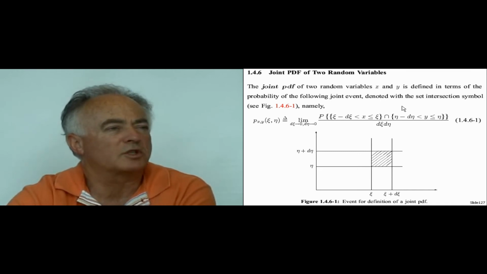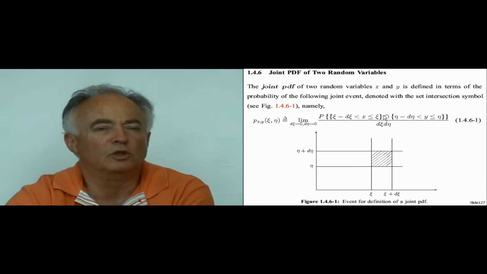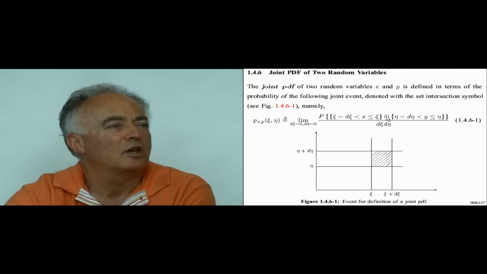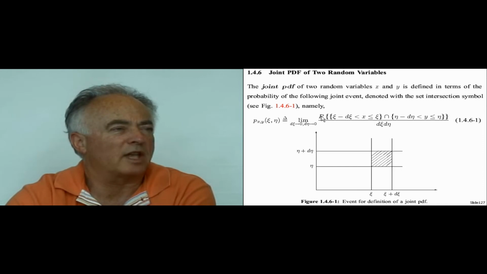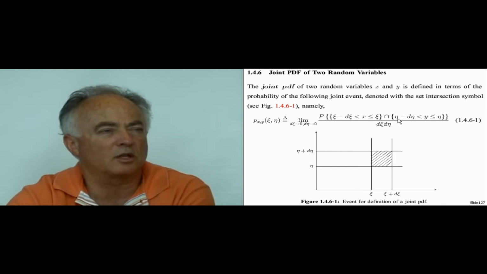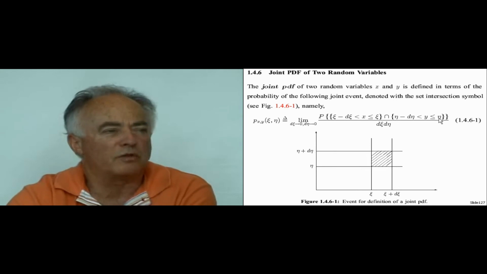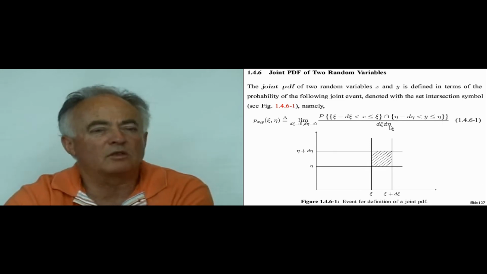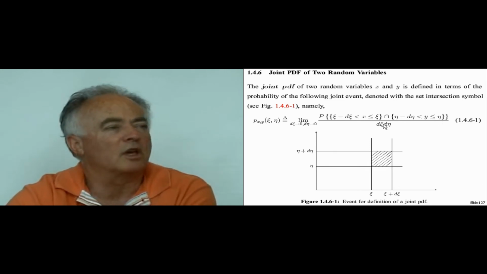We will use the set intersection symbol or logical AND. This is the joint probability that x is in the small interval psi minus d psi to psi, y is in the small interval eta minus d eta to eta. We divide by d psi d eta, the length of those intervals, and go to the limit as both go to 0.